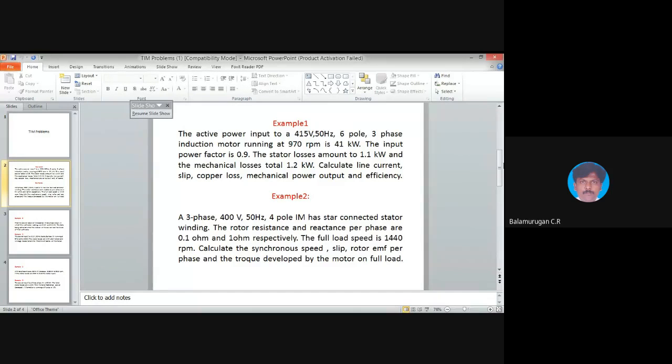K is equal to... Ashwin, once again you check.